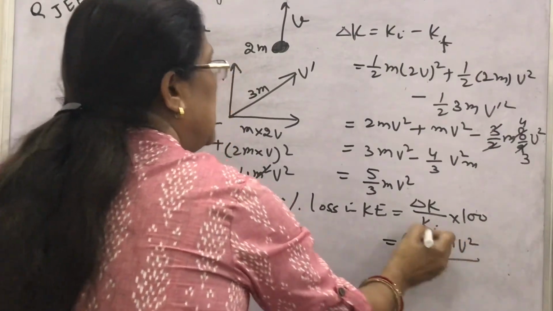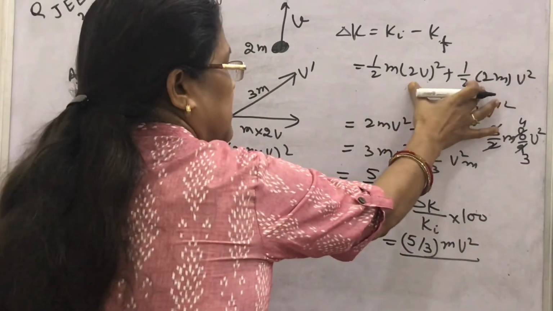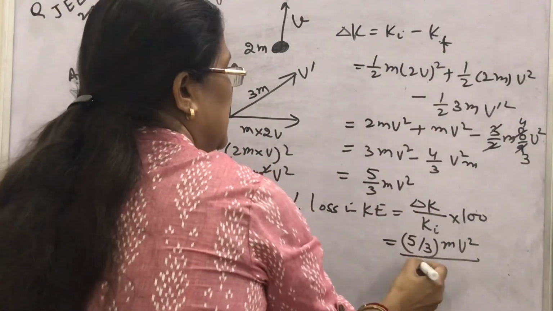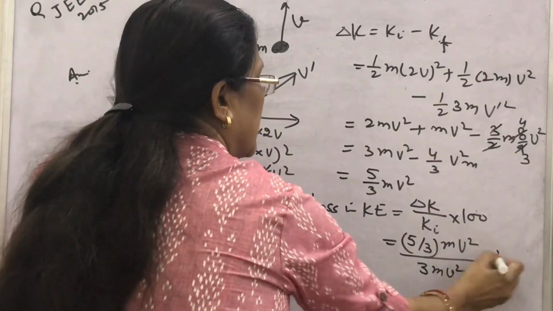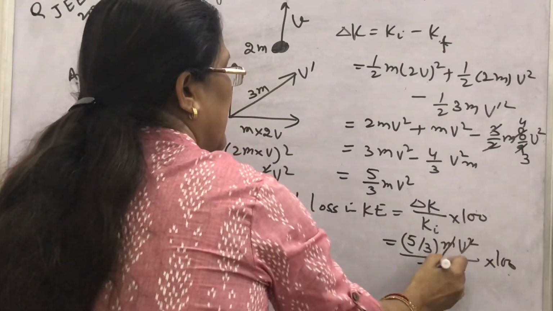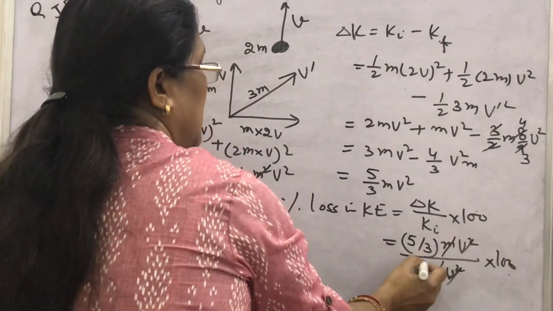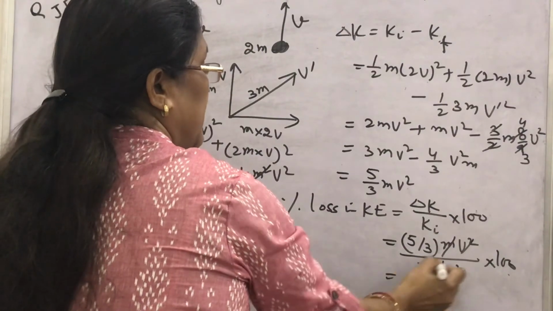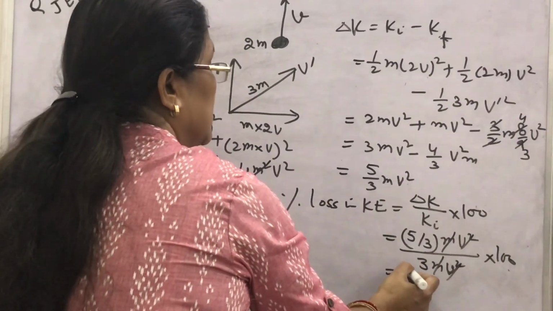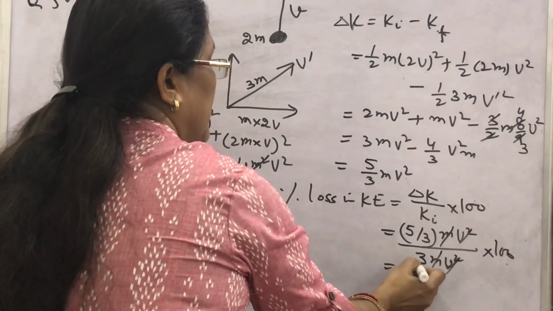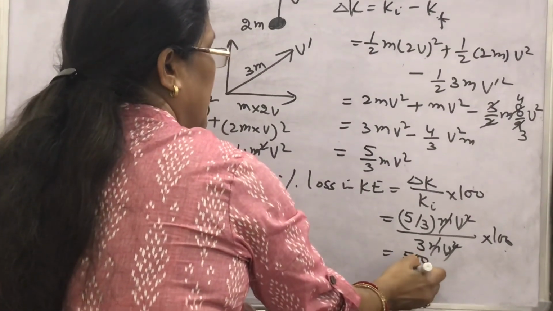What is initial kinetic energy? This total, what is this total? 3 m v square, into 100. So this m v square cancels, and 5 by 3 divided by 3 is 5 by 9. What will you get here? This will be around 500 by 9 percent.